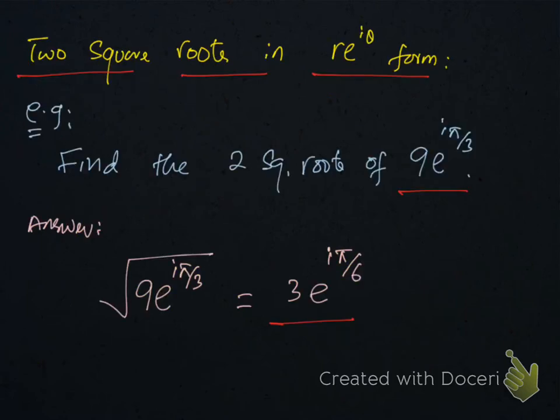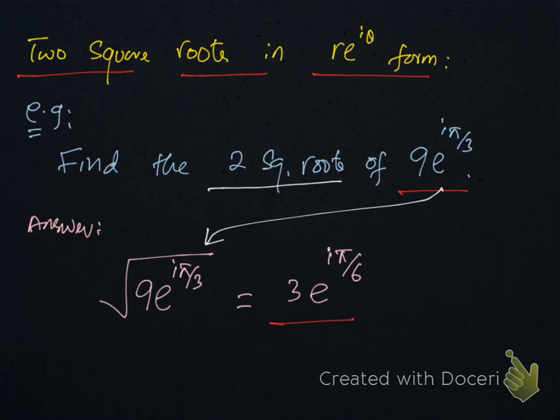Now the application of re^(i theta) form: two square roots in re^(i theta) form. This is one of the most important applications of exponential polar form. The question is: find 2 square roots of 9e power i pi by 3. For 2 square roots, first take the square root of this number. When you take the root of this number, you will get 3e^(i pi by 6).